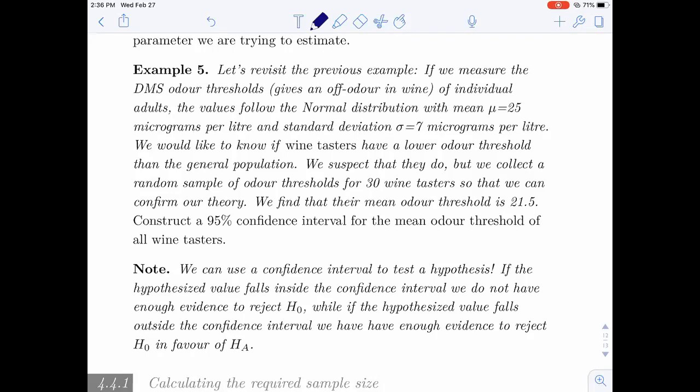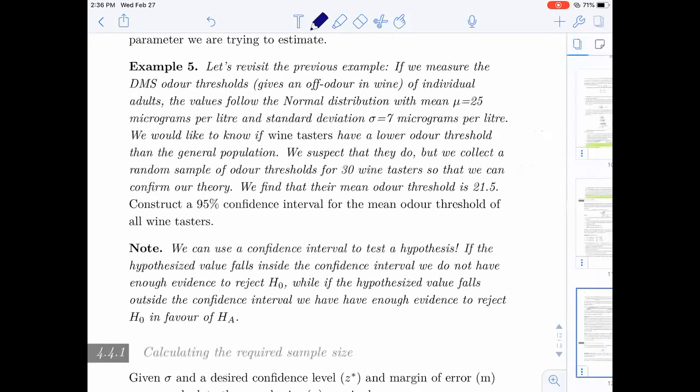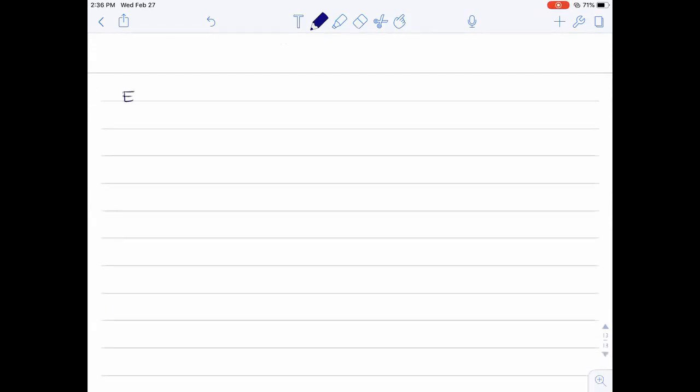All right, nothing to it but to do it. Let's see here. I'll add a page. What example is this? I gotta pull it out so I don't have to scroll around so much. Example 5.